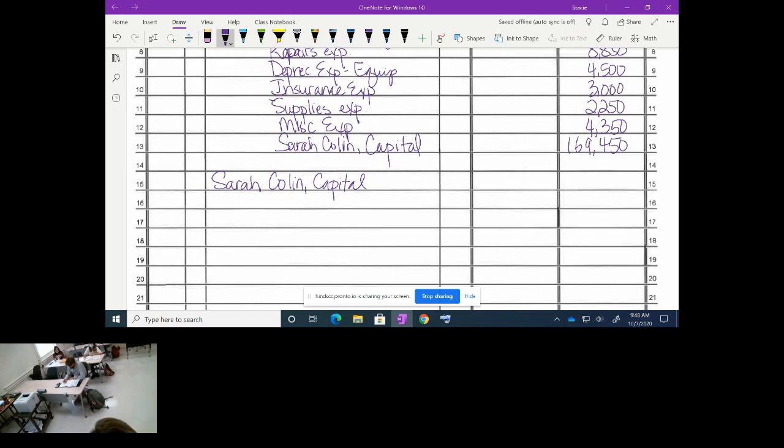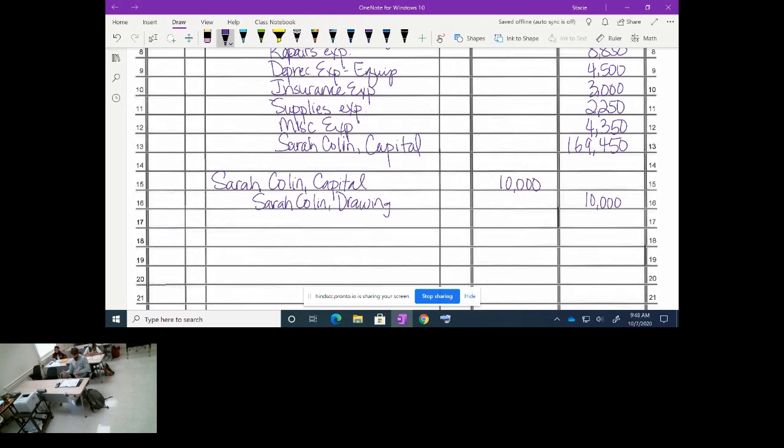We're adding to capital, and this one will actually take away from capital, because when an owner takes money out, it reduces their equity. So this is the money she has taken out, and we're reducing equity for that, and increasing equity for the net income, kind of like your statement of owner's equity does. It increases your capital for net income and decreases your capital for drawing. Does that make sense?